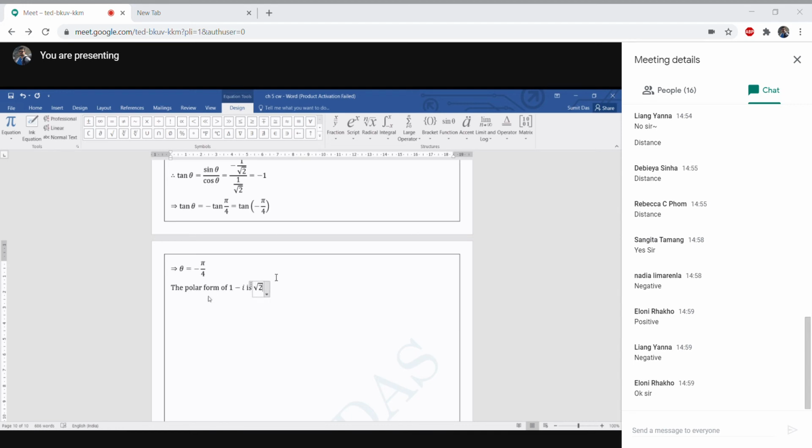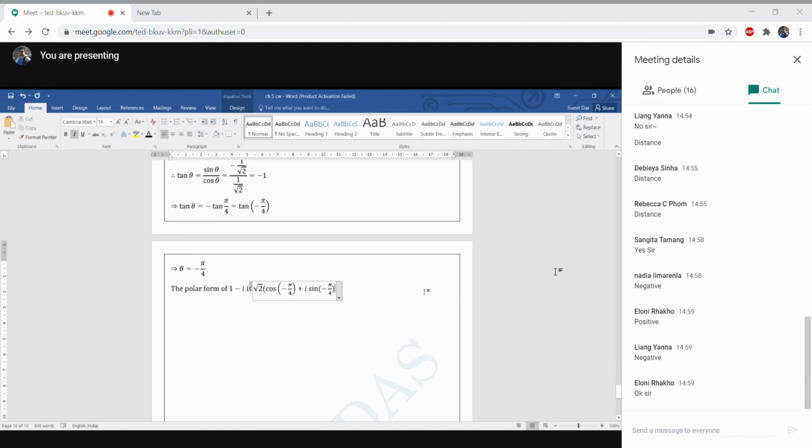Square root of 2 in bracket cos theta, theta means minus pi by 4, plus i sin minus pi by 4. So this is the polar representation of this.